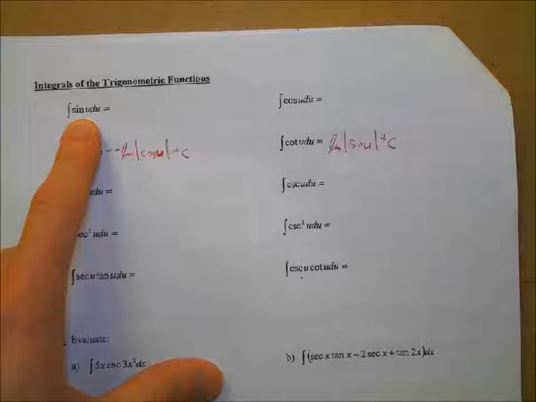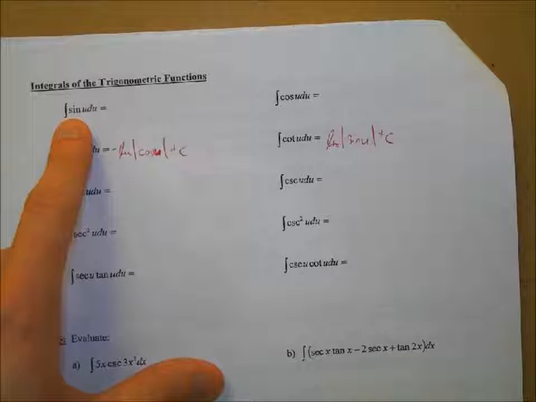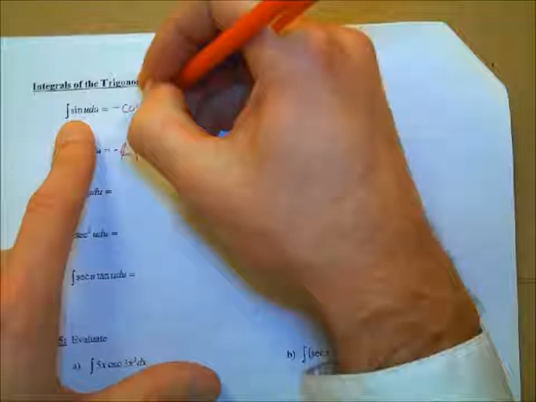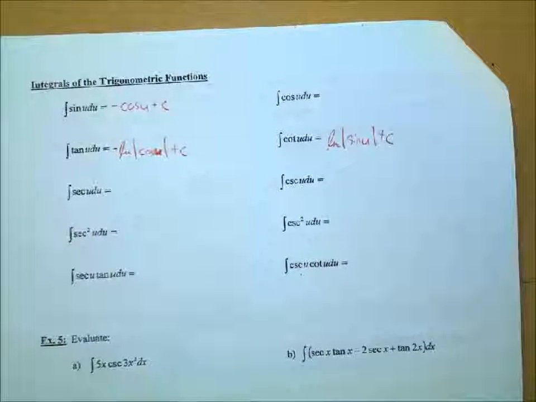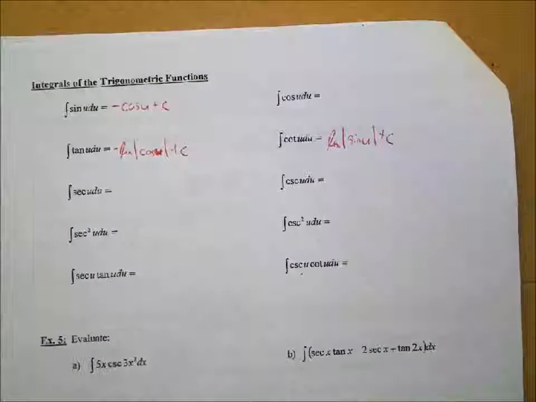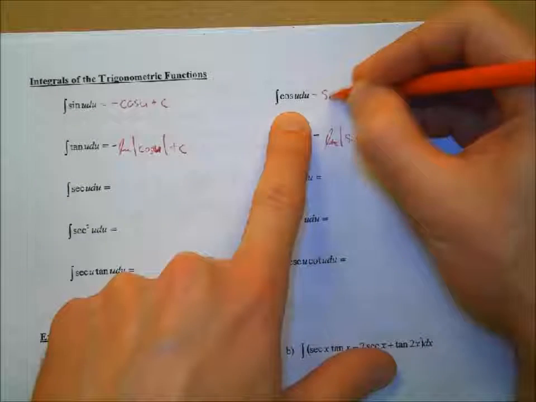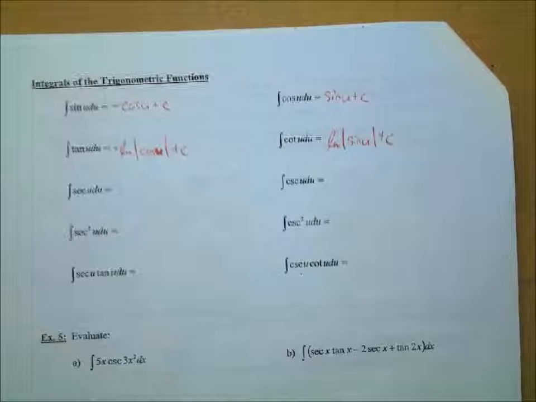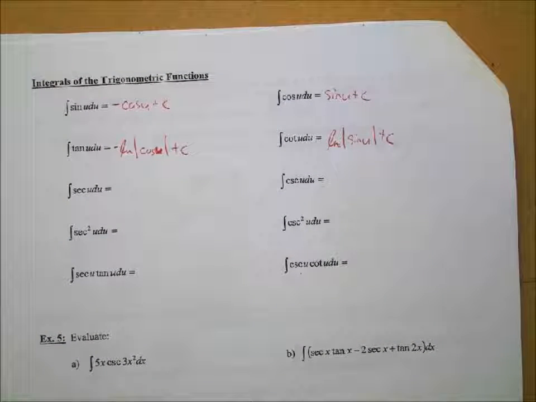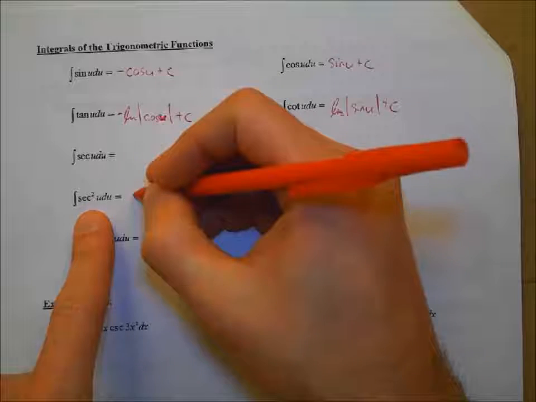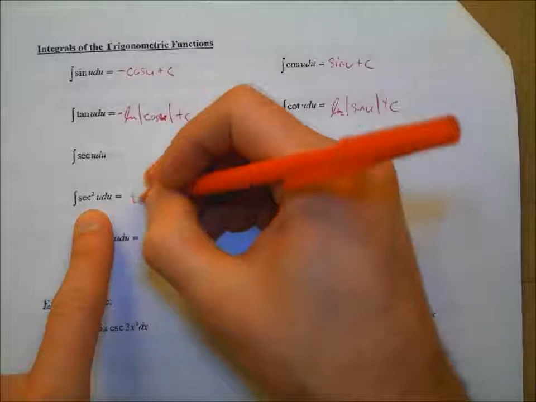Okay? We already should know the integral of sine. What is the integral of sine? Negative cosine u plus c. Okay. We already know the integral of cosine. It is positive sine u plus c. Okay. We already know the integral of secant squared. What was that one?